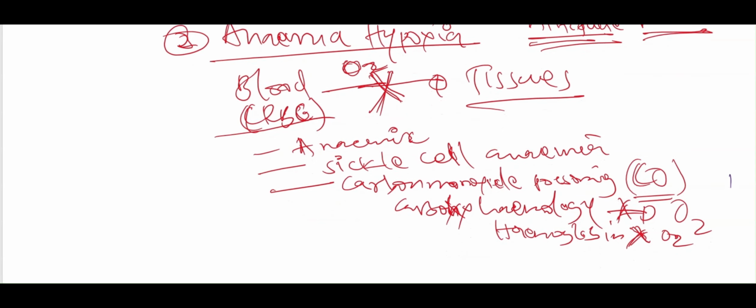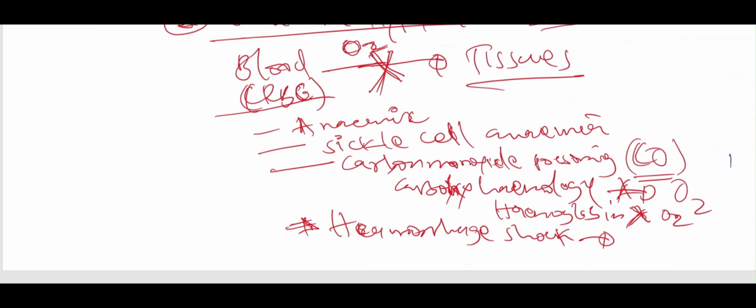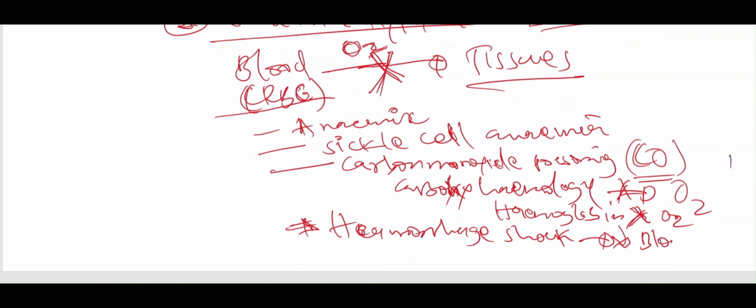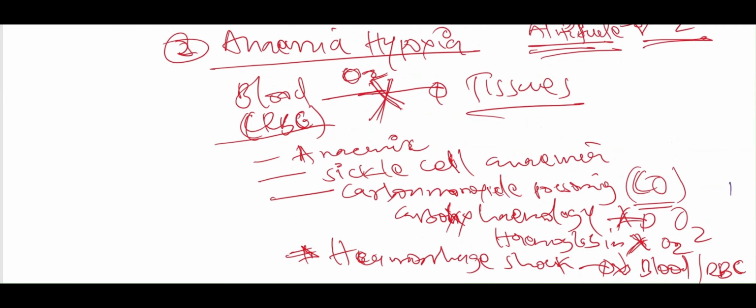So we find that this patient gets anemic hypoxia. And also there are some circumstances where we have severe hemorrhage, such as hemorrhagic shock to be precise. This leads to less oxygen being transported to the tissue due to decreased blood, specifically RBCs. So we get the so-called anemic hypoxia.